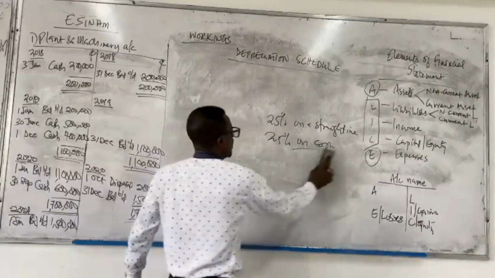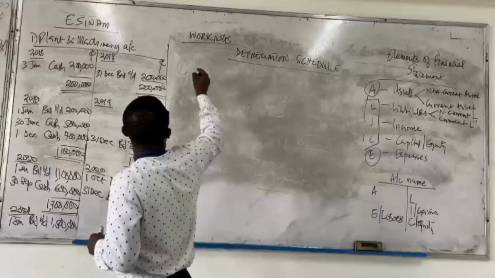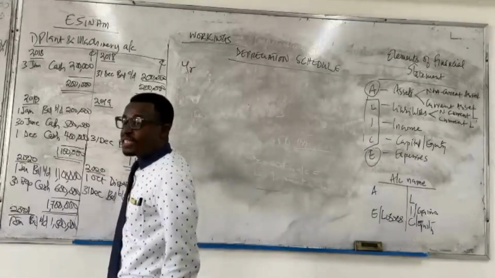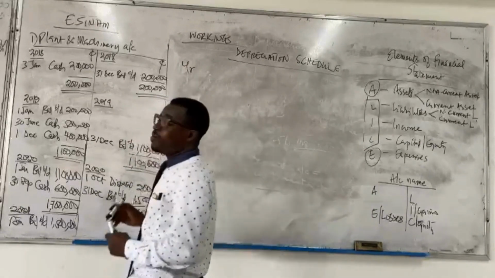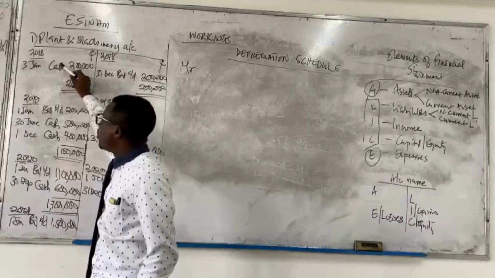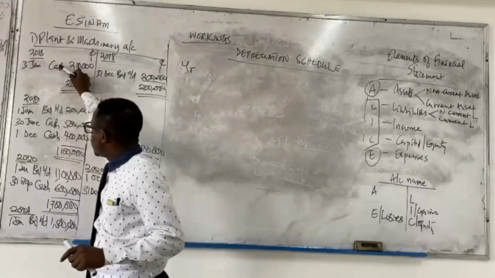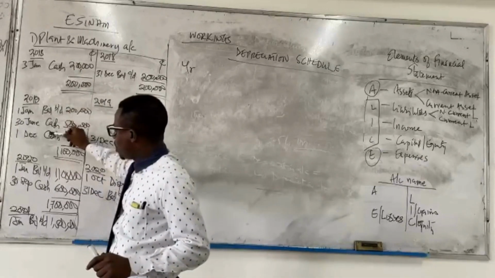All right. So let's start with a depreciation schedule. We will have here our year. Please pay attention. How many plant and machinery accounts were purchased? Wherever we see cash, it means there's a new plant and machinery. So cash 1, cash 2, cash 3, cash 4.